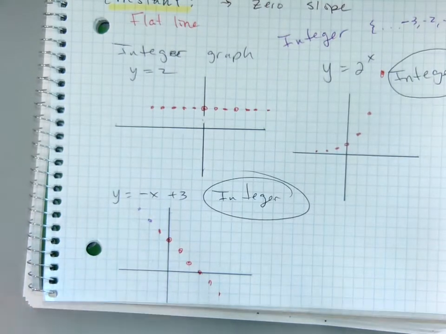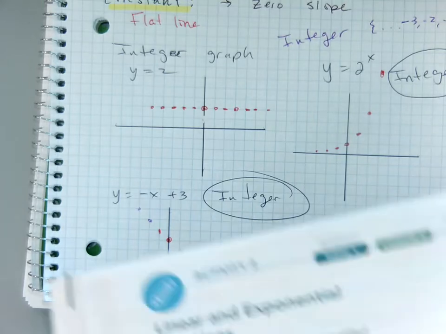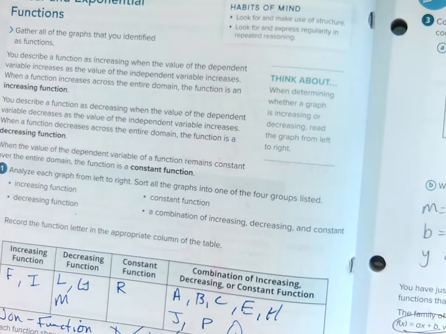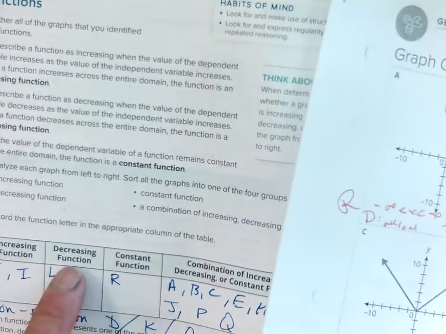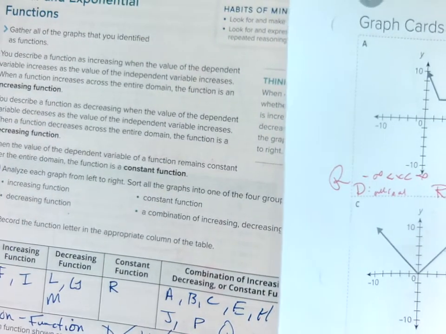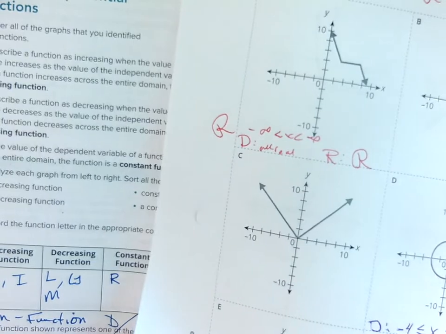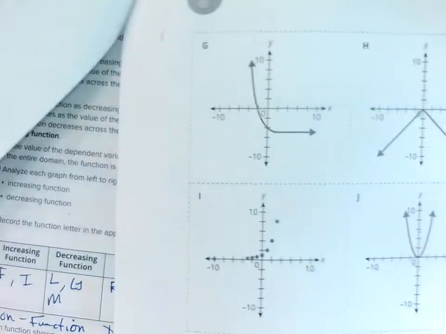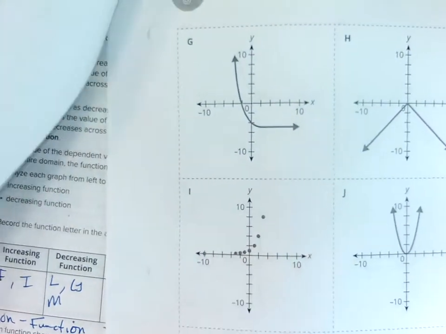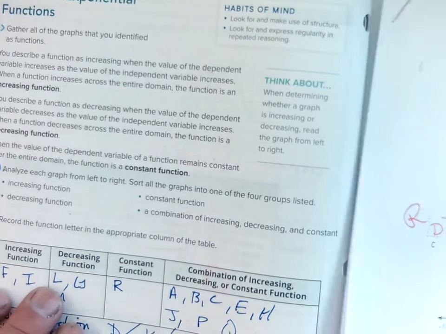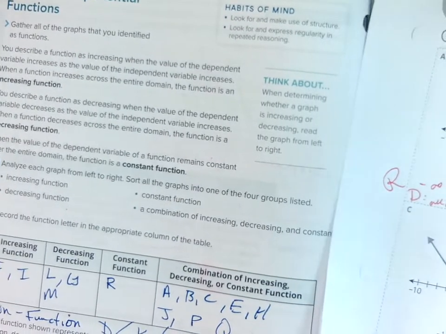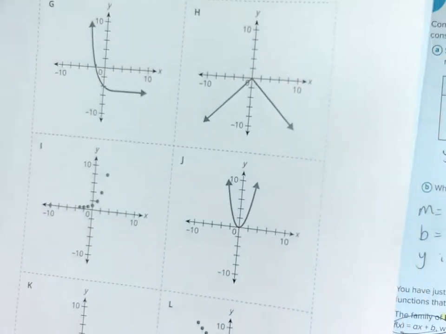Then we looked at what we had in the book also. In the book, we looked at our graphs from our paper, and we were asked to say which ones are increasing functions. Like F and I, this is increasing all the time. I is increasing all the time because it's exponential. Decreasing functions, we looked at L, M, and G, going down.